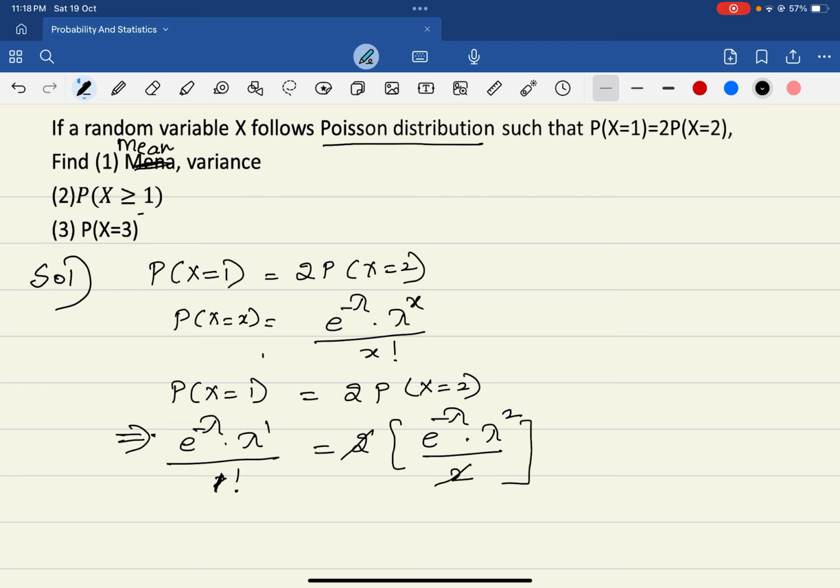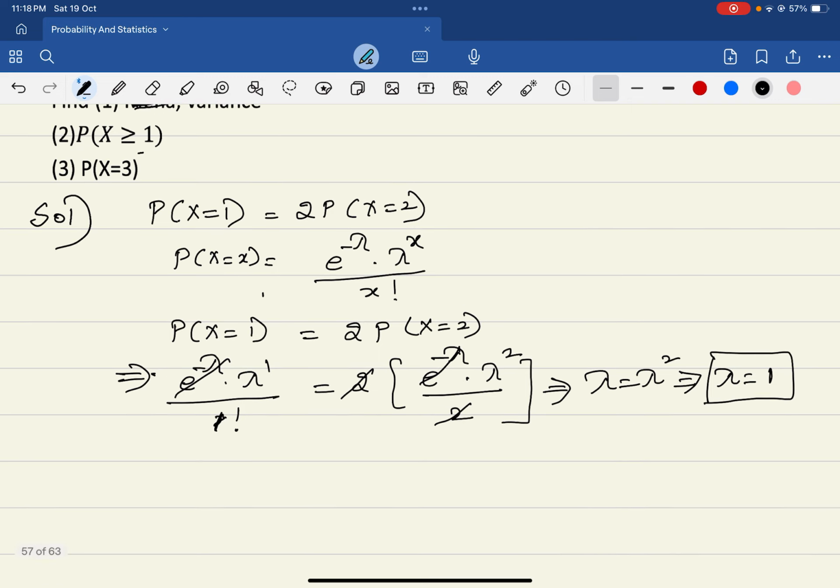So this 2 gets cancelled, and e raised to minus lambda gets cancelled. Therefore lambda is equal to lambda square, which implies lambda is equal to 1. So the mean is equal to 1.